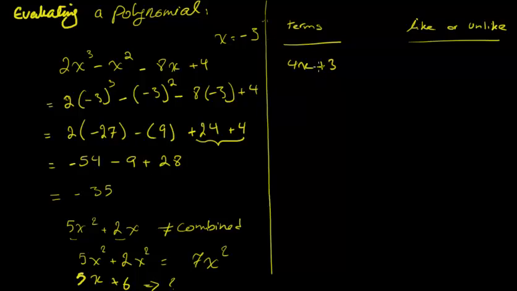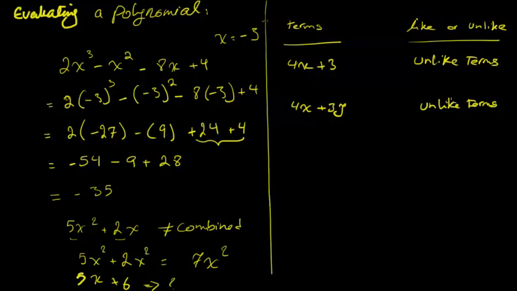Are these two like terms or unlike terms? These two are unlike terms because the second term has no variable in it. Let's say we have 4x plus 3y. These are unlike terms. They both have variables, but they have different variables.